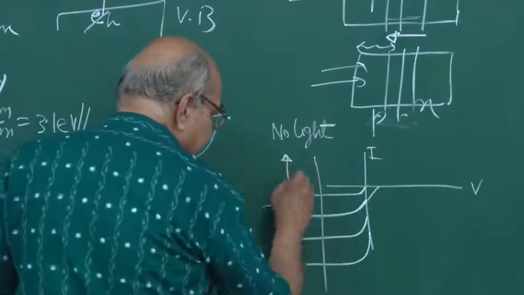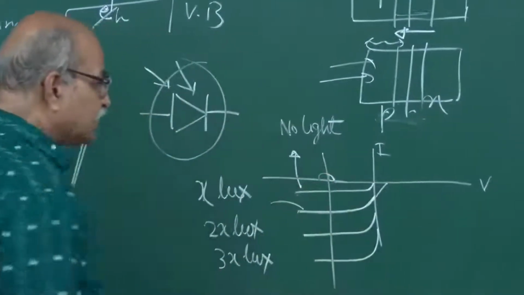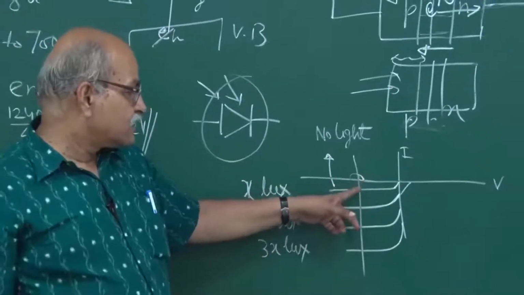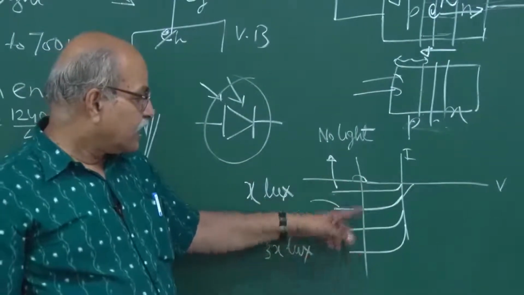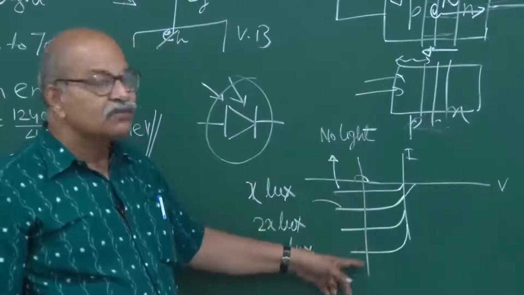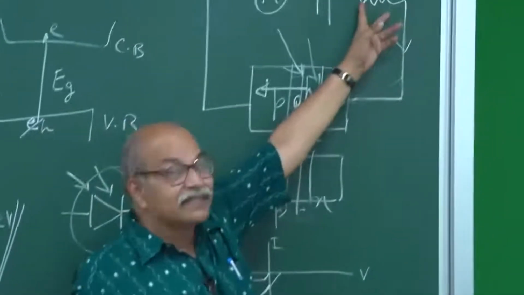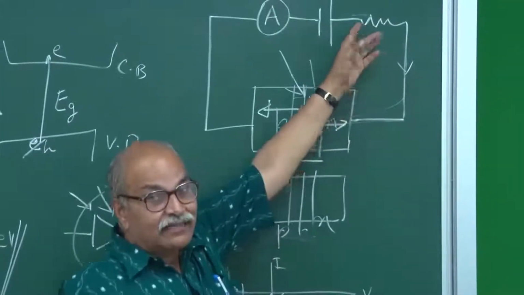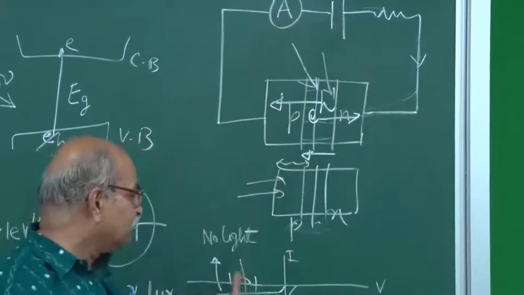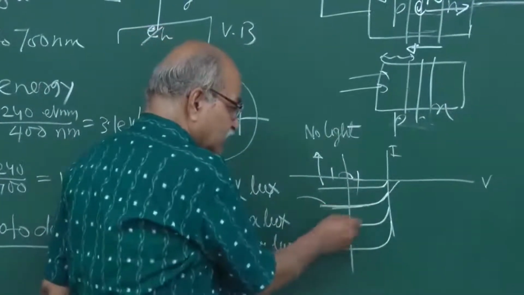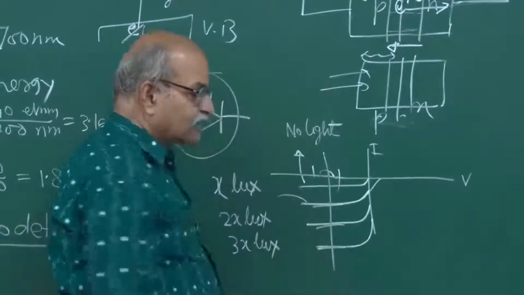So if this reverse bias voltage is fixed, you can see that the current is changing, and it is changing in proportion to the light intensity. If the current changes, the drop on this resistance also changes, but even if it shifts slightly, it doesn't matter. All this is fairly horizontal.